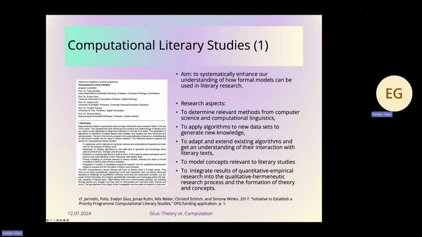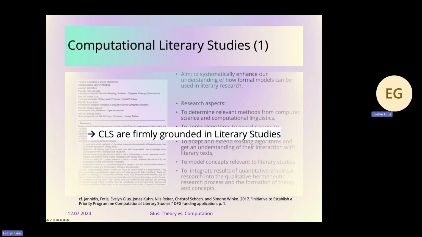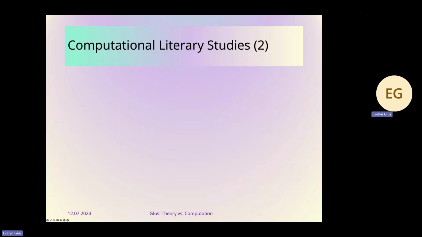That's the application for the priority program in computational literary studies I was part of. And what did we say? The whole subtext of the application was, computational literary studies are firmly grounded in literary studies. So this is literary studies.